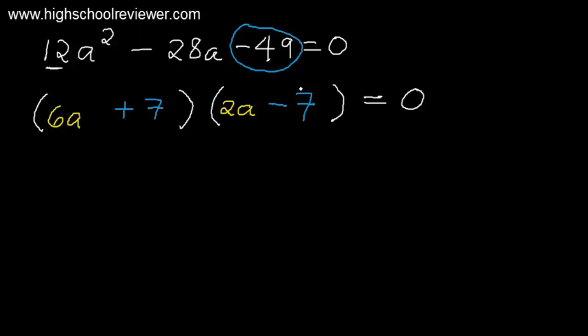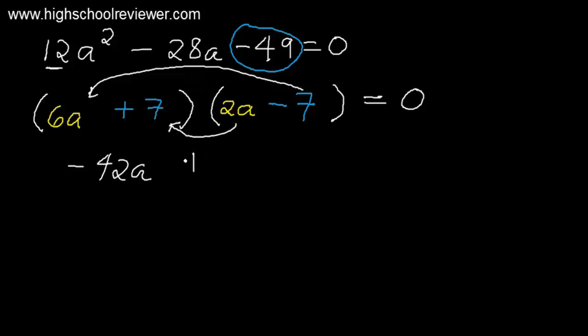We have here negative 7 multiplied by positive 6a. This will be equal to negative 42a. And then positive 2a times positive 7, this will be positive 14a. So this will be equal to negative 42a plus positive 14a.